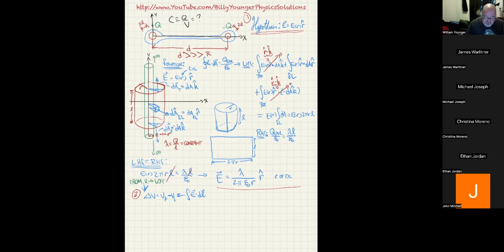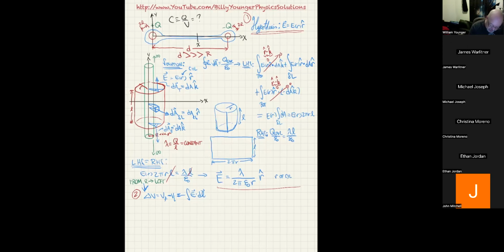So the electric field due to the left-hand wire at any position between the left-hand wire and the right-hand wire is just lambda over 2 pi epsilon naught x, where x is how far away we are. Now the electric field due to the right-hand wire at that same spot points in the exact same way as the other one does. In other words, it points to the right, but the distance between its center and the position x is d minus x.